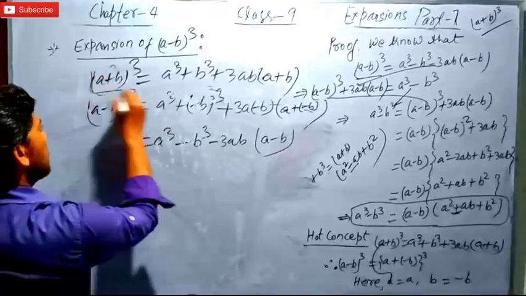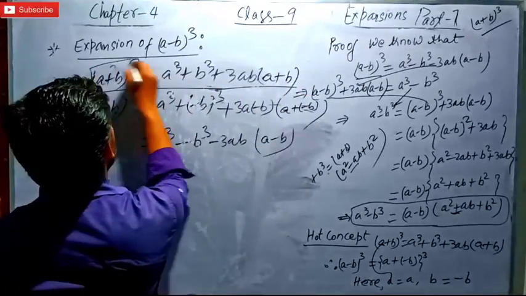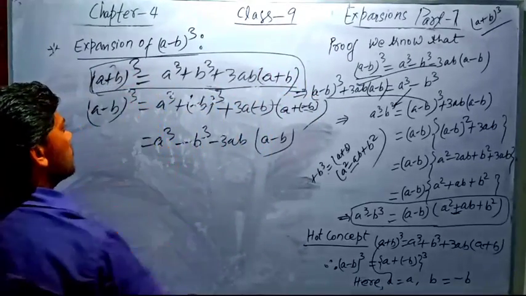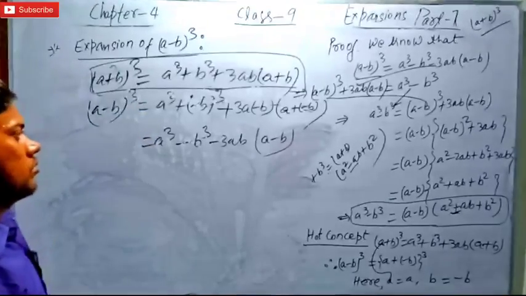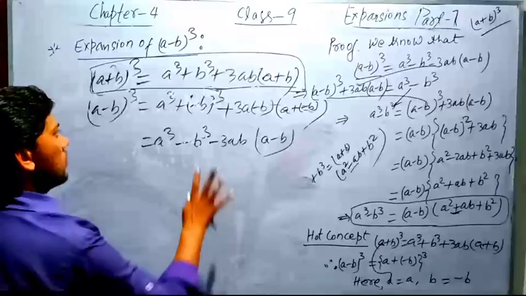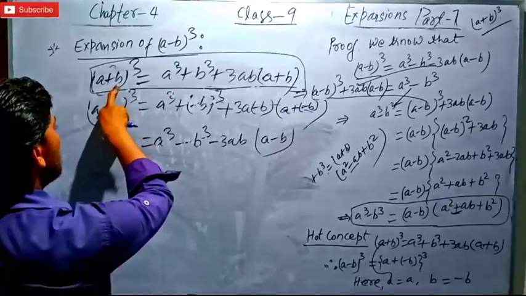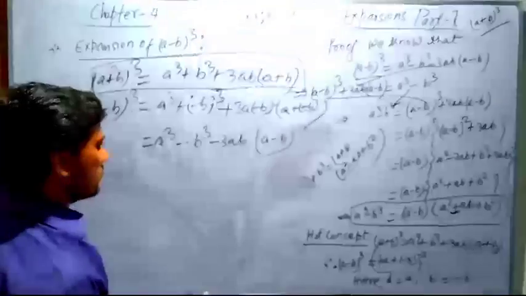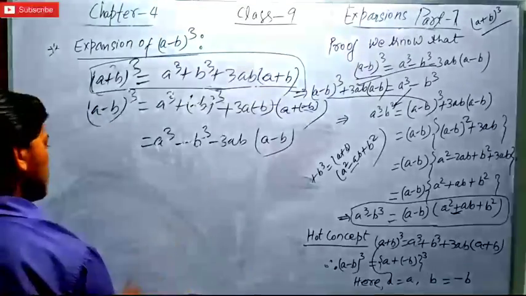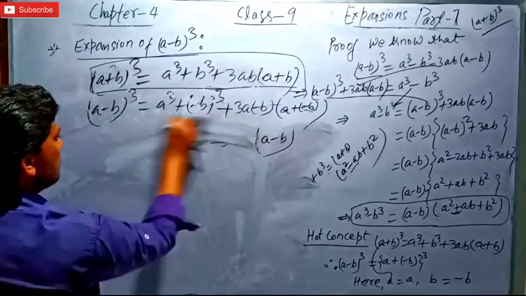You only have to remember the formula for (a plus b) to the whole cube, and you can find (a minus b) to the whole cube. No need to remember it. Only you have to replace b by minus b, and now you can find it.